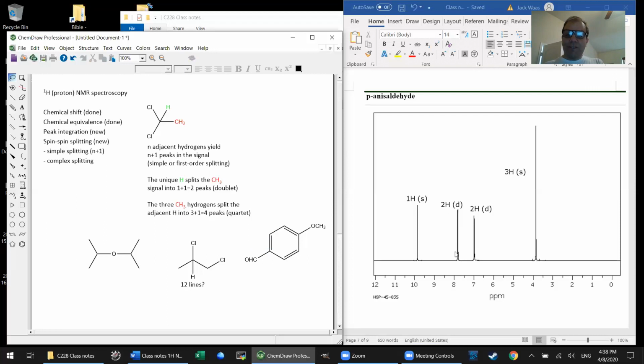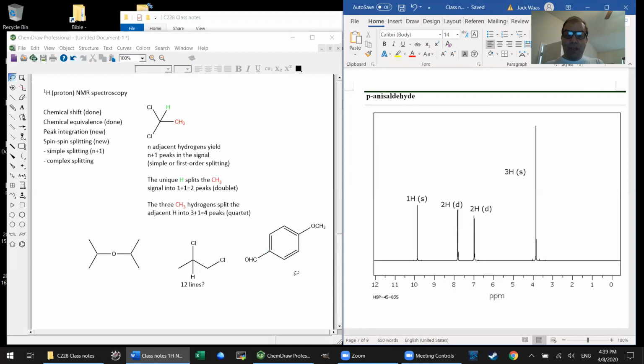These 2 sets of aromatic hydrogens, I'd be hard-pressed to say which was which exactly. You can look up anisaldehyde. I got this spectrum straight off that Japanese website, so you can look and find which is which. I would be hard-pressed to guess. I do know that those are the 2 sets of aromatic hydrogens which I spoke about.